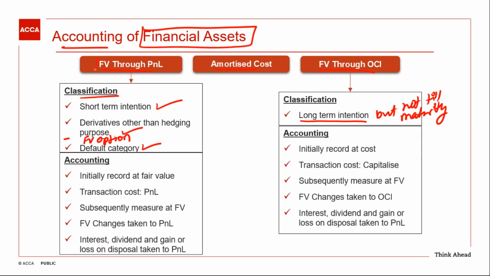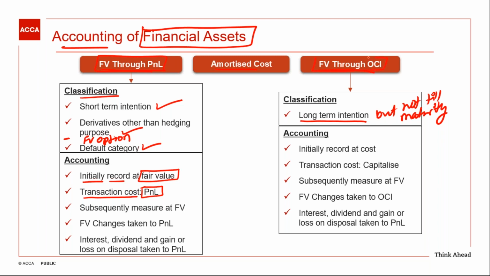In case of fair value through P&L, we initially record the financial asset at its fair value, which means that we should be recording the transaction cost in the P&L. We are going to expense the transaction cost to the P&L.